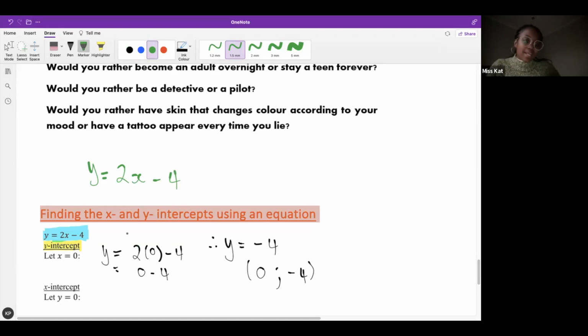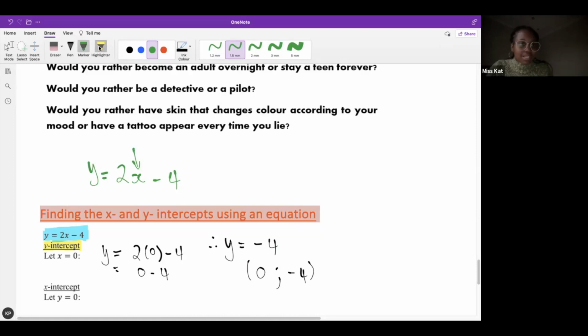So if you're finding the y-intercept, wherever you see an x, you must put a 0. Okay, so then it will be 2 times 0 because 2x means 2 times x. So it will be 2 times 0 minus 4. Okay, then 2 times 0 is just a 0 minus 4. 0 minus 4 is negative 4. Now you've solved for the y coordinate.